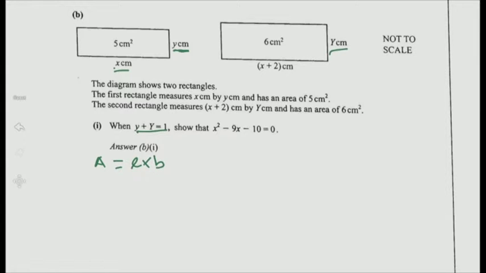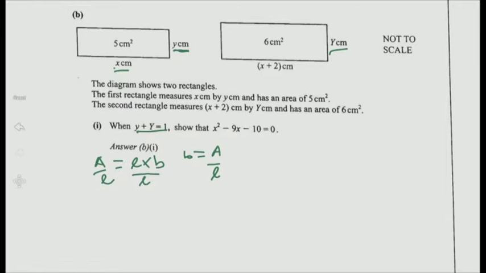Then your breadth, in terms of the length and the area, you divide by L there. So your breadth should be equal to the area divided by the length.